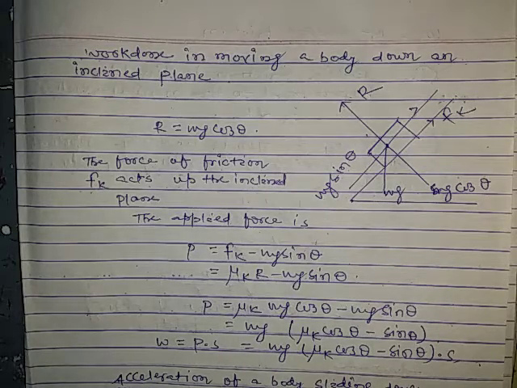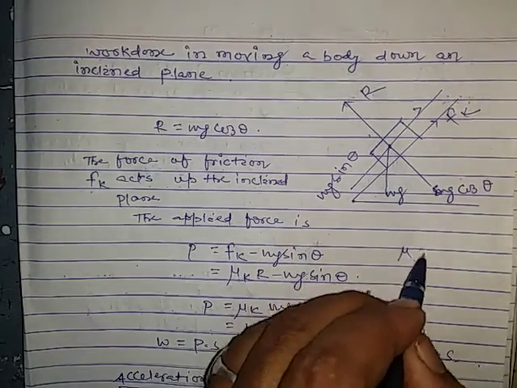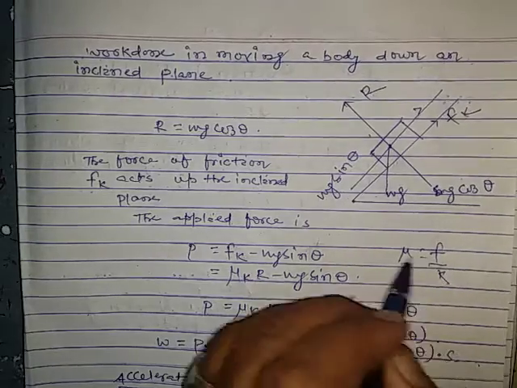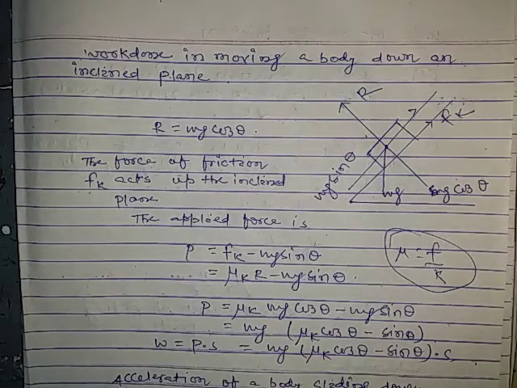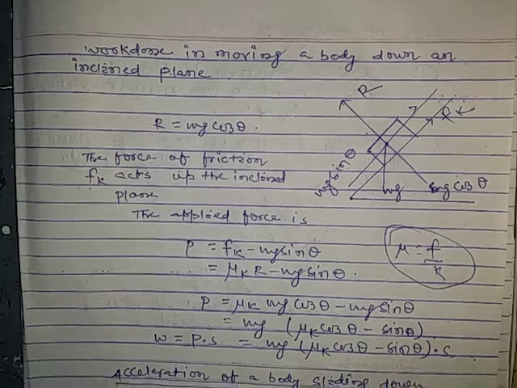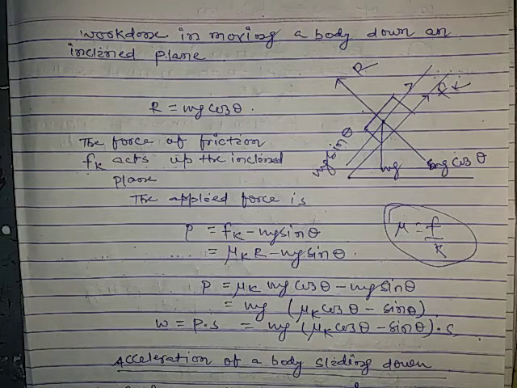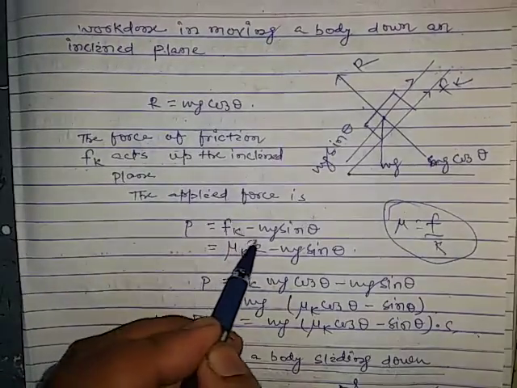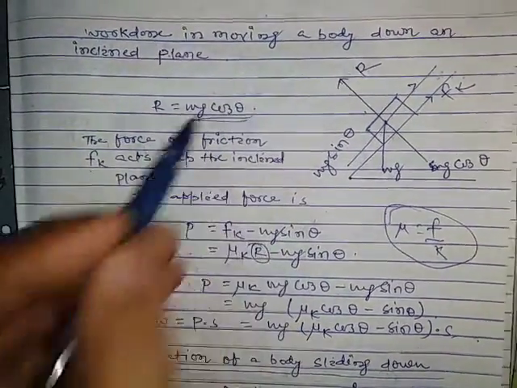As we know that mu is equal to F by R, in place of Fk we put mu k R minus mg sin theta. In place of R we put mg cos theta.